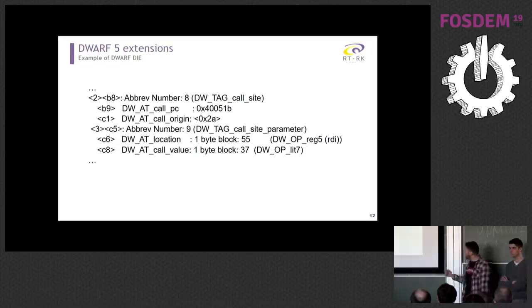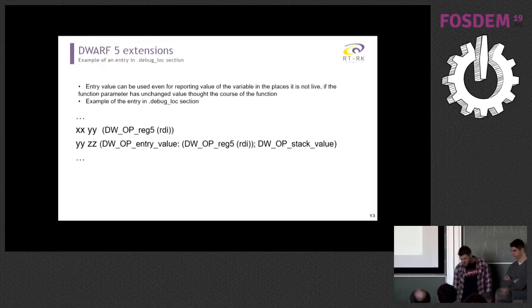This call origin represents a reference to debug information about the called function. This call site parameter is a child of this particular call site, and it says that it lives in register 5, and at the call point it had value 7.